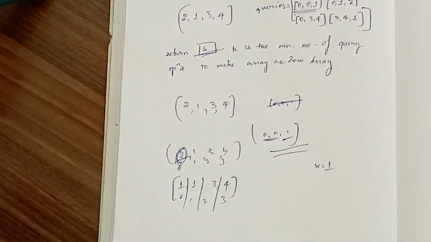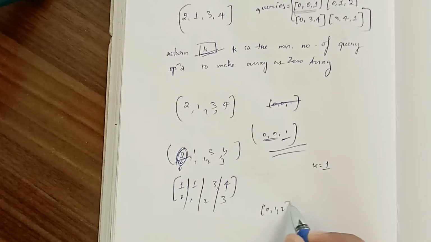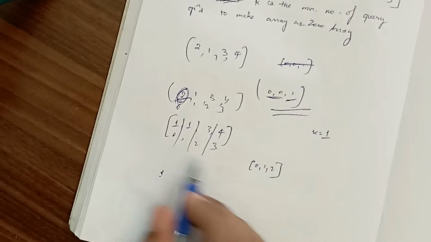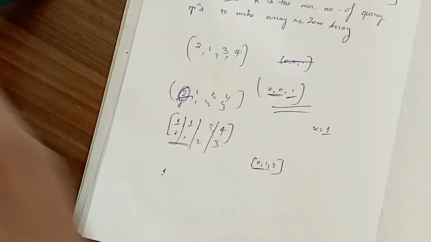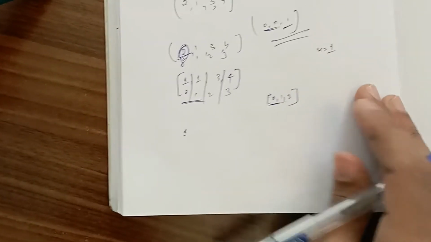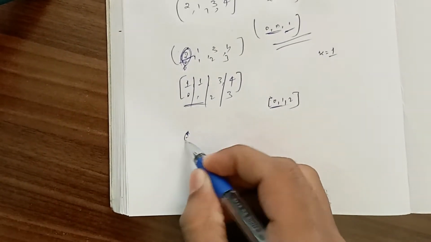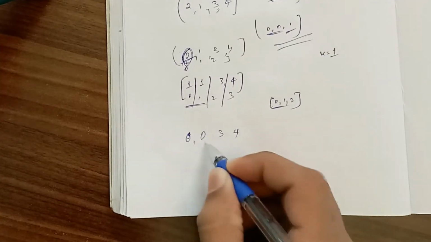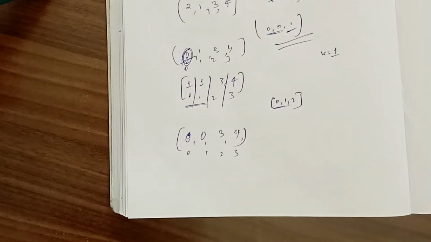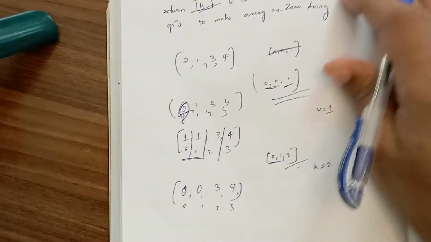Then we do the second operation, 0 1 2. From indices 0 to 1 we can remove at most 2. If we remove it from both indices, we will get 0 0 3 4. This is the array after the second operation, that is k is equal to 2.